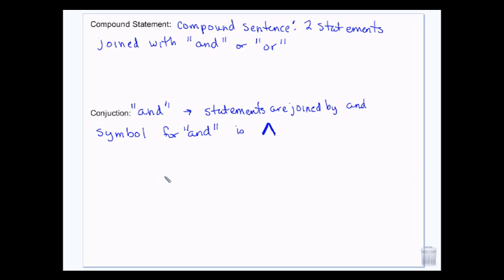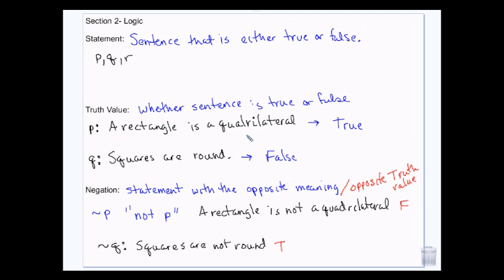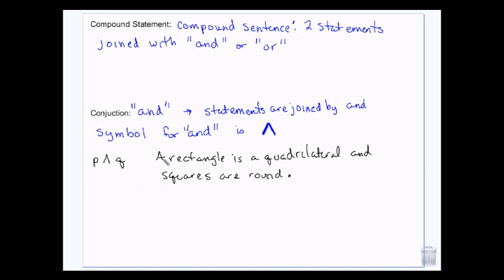So if I used my P and Q examples, I'd say P and Q. So it would be a rectangle is a quadrilateral and squares are round. That's what P and Q stands for. Yeah, because remember we had P is that a rectangle is a quadrilateral and Q is that squares are round. So if I say P and Q, I have both of them. A rectangle is a quadrilateral and squares are round.